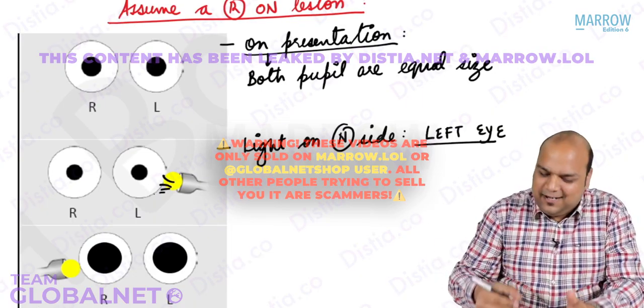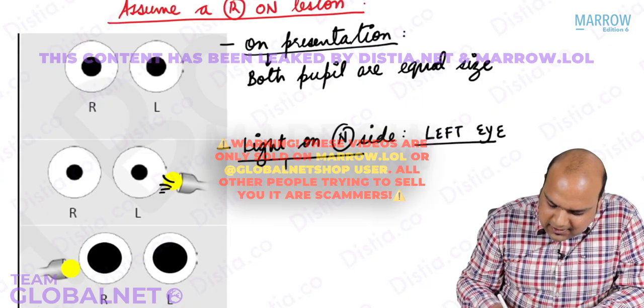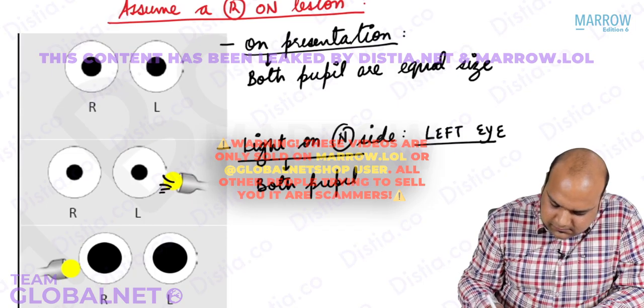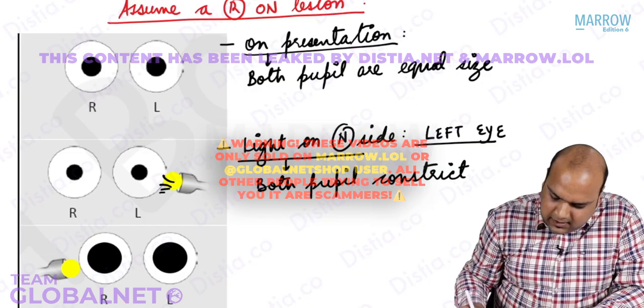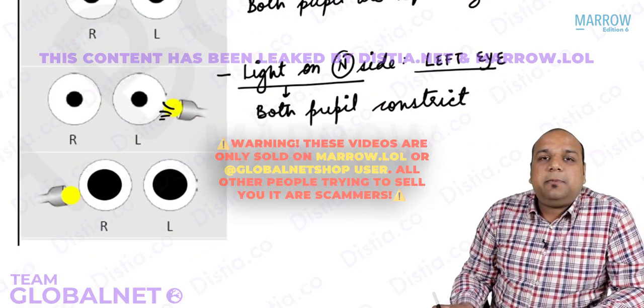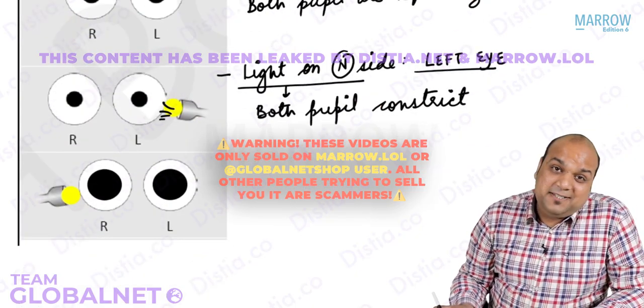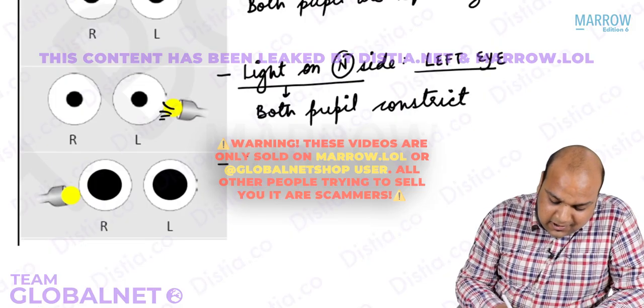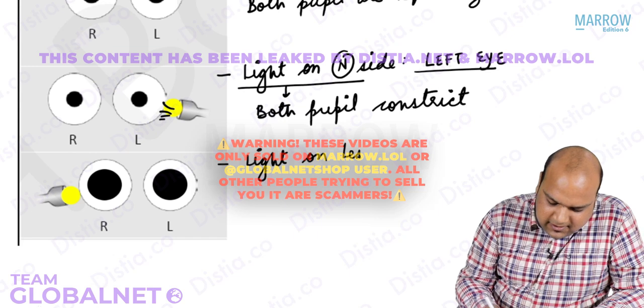Yes, both pupils constrict. Till now, if you see, everything is the same as AAPD. That means the difference has to come when we throw light on the lesion side.